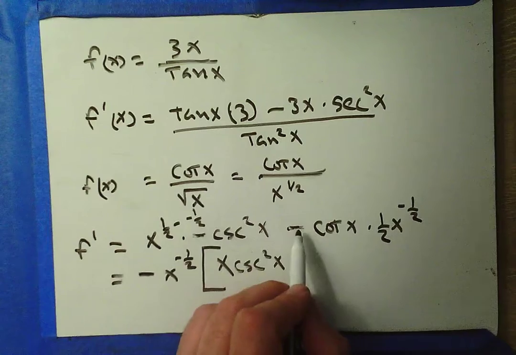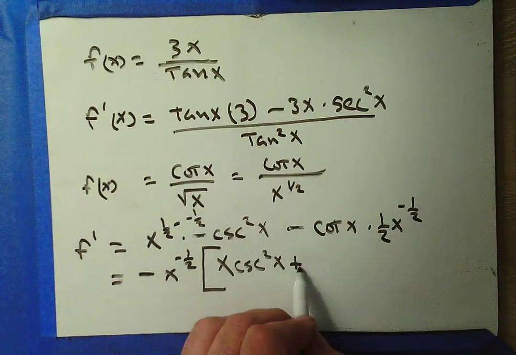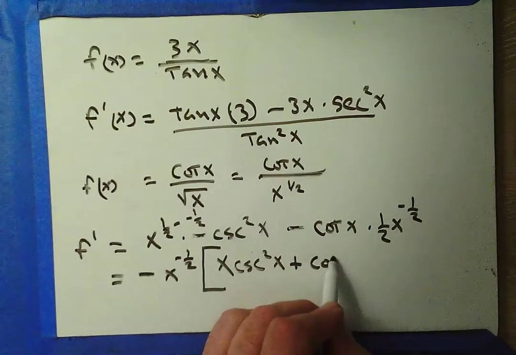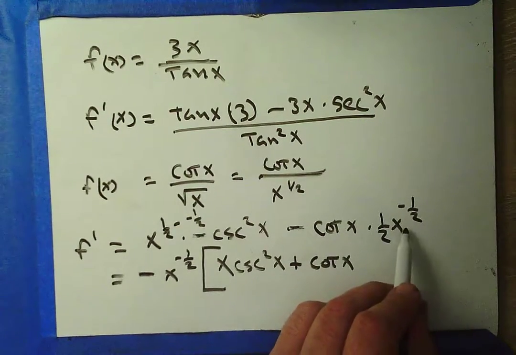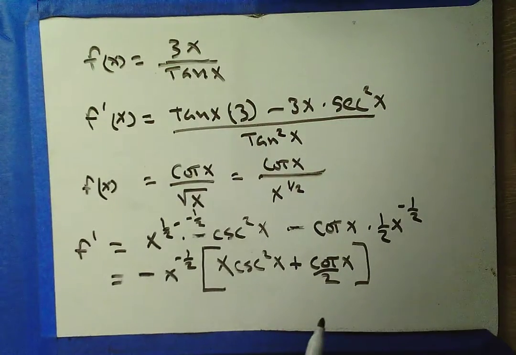I took out this negative, I took out this negative, negative divided by this negative will be positive. I've got my cotangent x. I took this out, but I have my 1/2. And that's much tidier. Okie doke. Cool. Well, that's basic derivatives for us. Yeah, I think we're good to go.